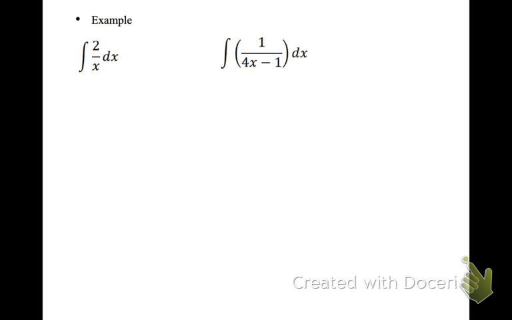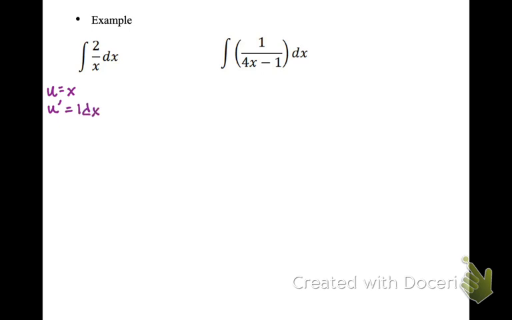Okay, so to see how we can do it, when you get a fraction, the first hope you should have is that it is a natural log. In order for it to be a natural log, it has to be u prime over u. So what is u? X. So u prime would be 1 dx.